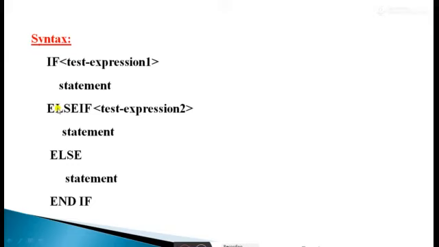Otherwise, the control will move to the else if part. So, for what purpose are we using the else if ladder? It is used to check multiple conditions. Suppose all the test expressions become false, by default the statement given within the else block will get executed.